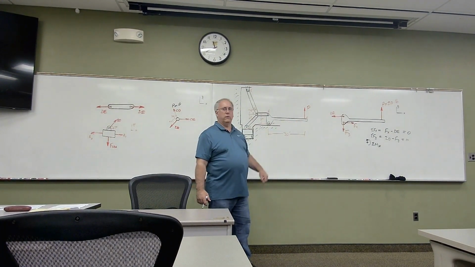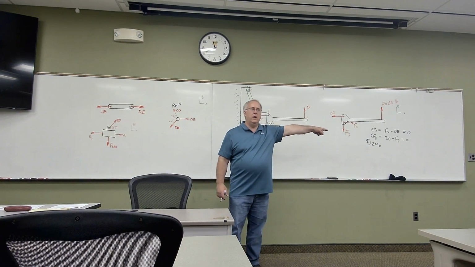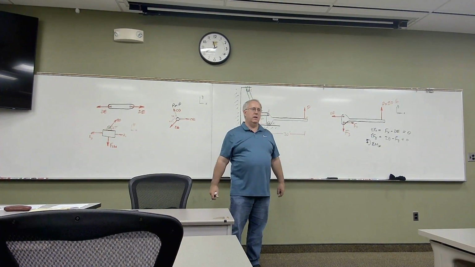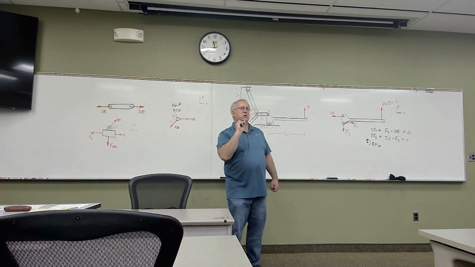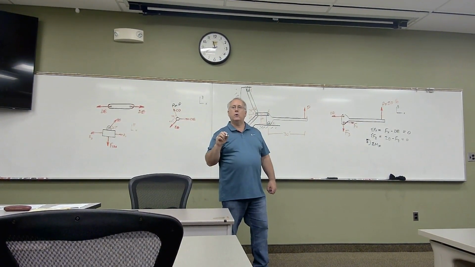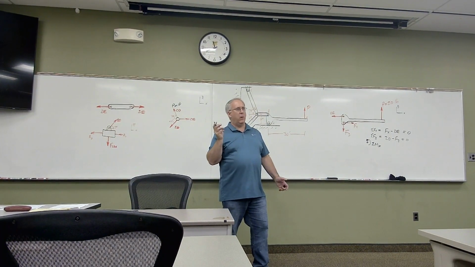When it comes to coordinates over there, we know positive x is that way. We know positive y is that way. But is this a positive moment or is this a positive moment? Conventionally speaking, throughout the course, counterclockwise is positive, clockwise is negative.